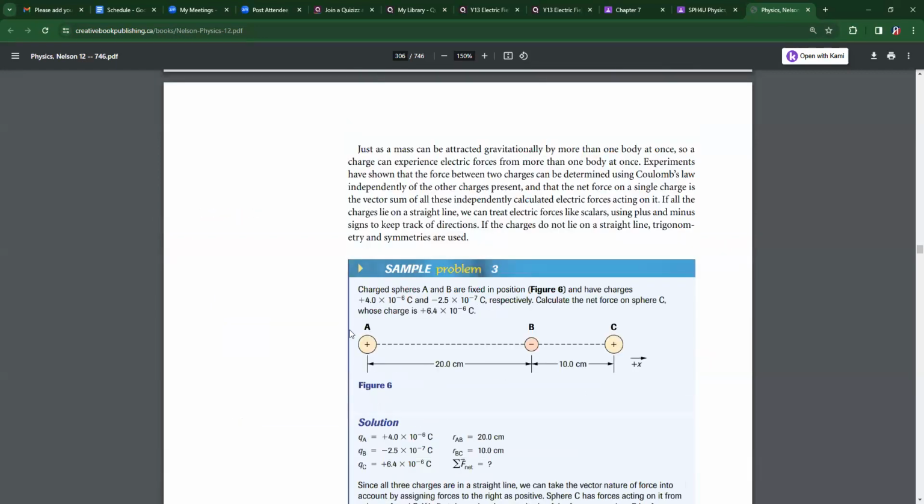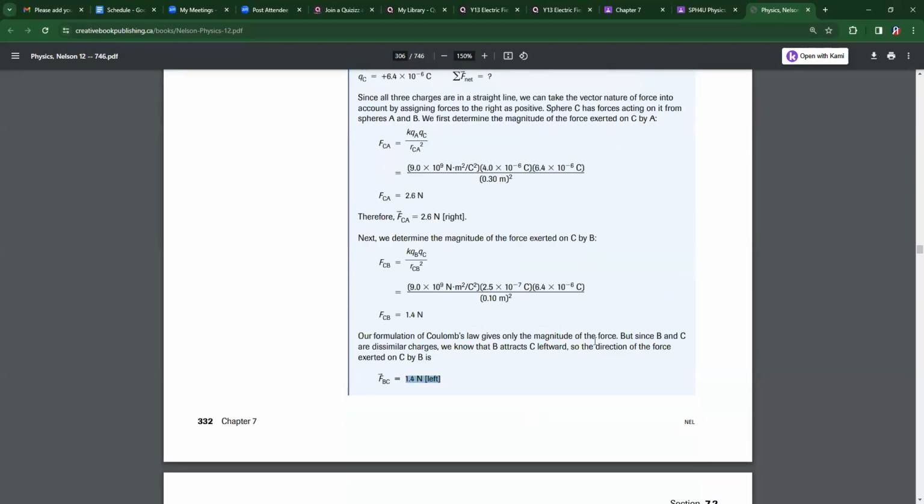So if you have charges along a straight line and you need to check what the forces on sphere C are, always check how A and B affect C. A will push C to the right, B will attract charge C to the left. You use Coulomb's law to find the direction and magnitude of the force from A on C, then from B on C, and you see that the forces are in opposite directions, to the right and to the left.